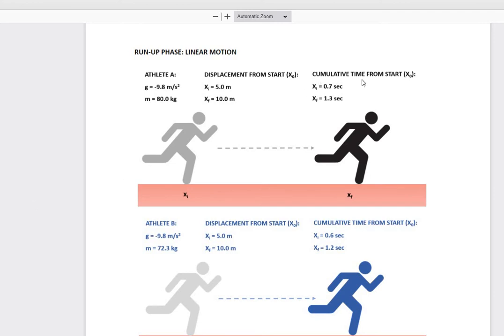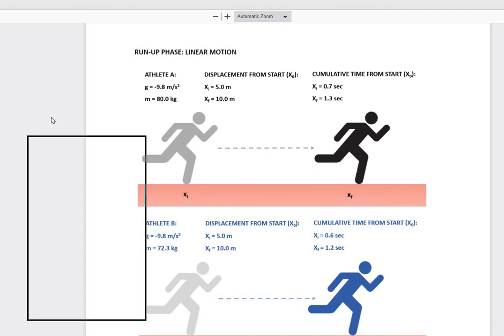You've then been given the cumulative time, and I will explain the difference between cumulative and summative time during your lecture, but we can now, with relative ease, and here is a freebie, if we just get our calculator here.